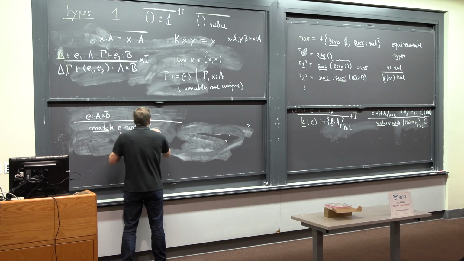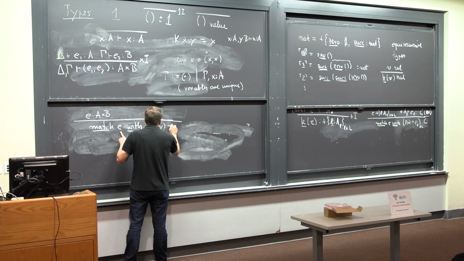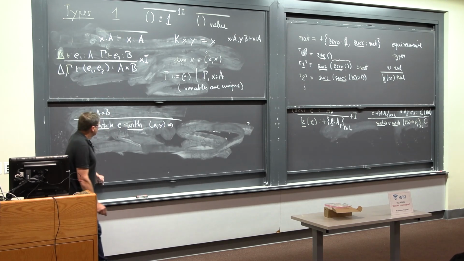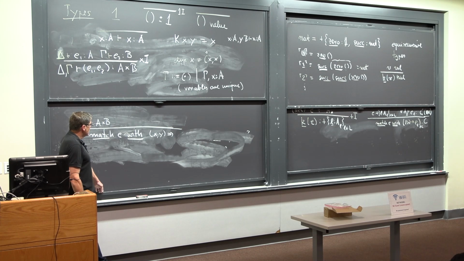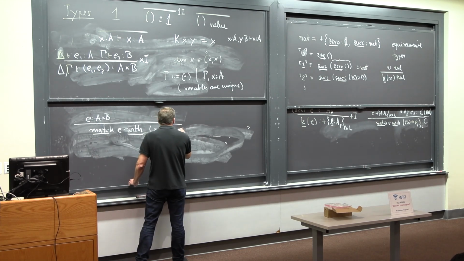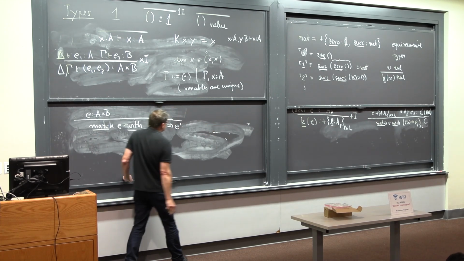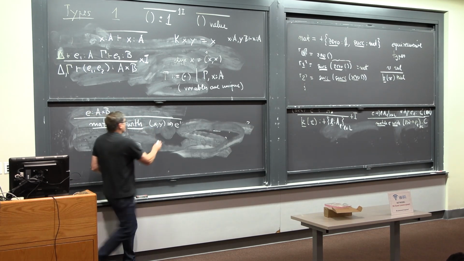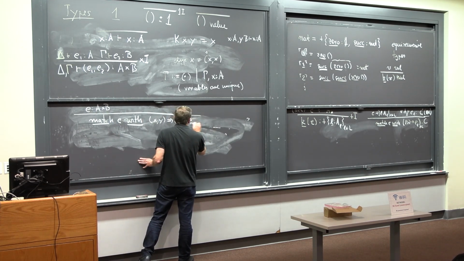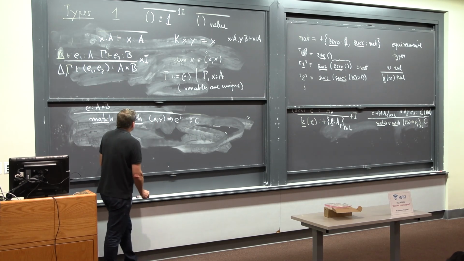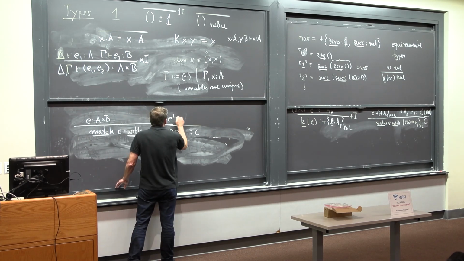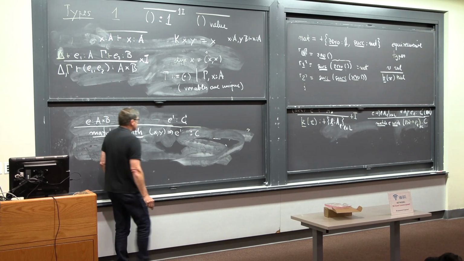And then you have to match it with a pair x comma y. Okay. So then over here we have some other expression E prime. Over there we have one for each branch. Here we have only one.